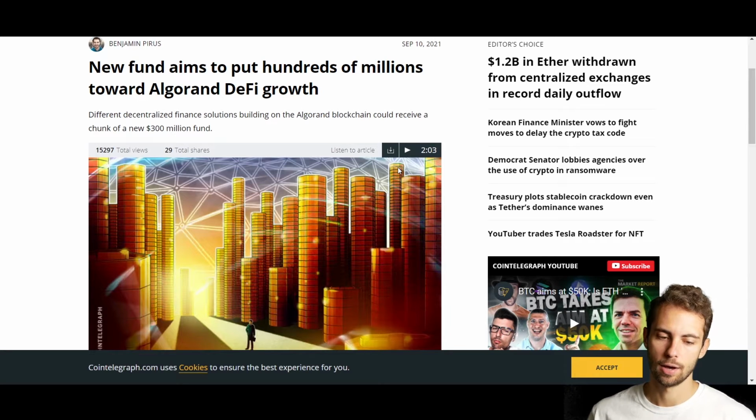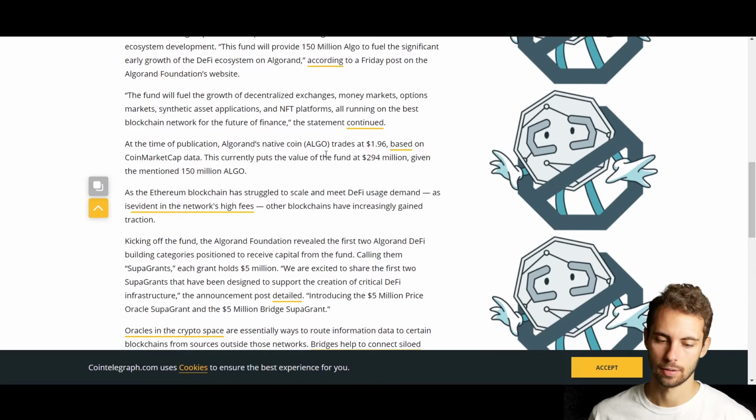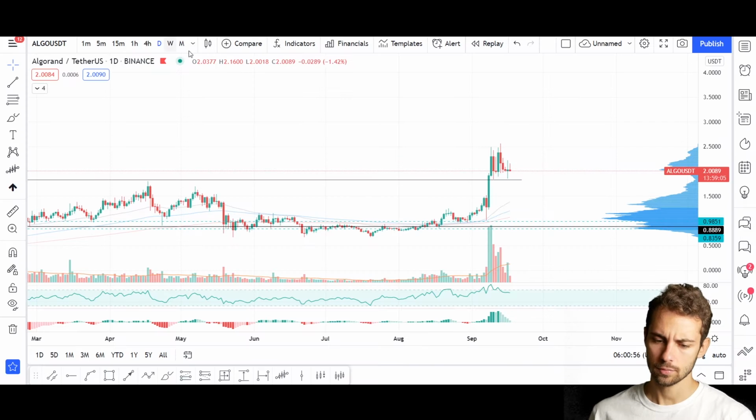Also, there are some new funds on the way that are aiming to put even hundreds of millions towards this growing protocol.